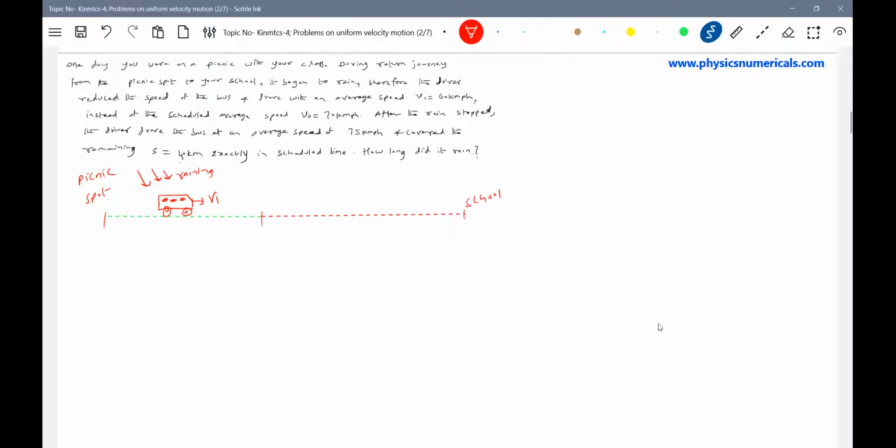With a V1 instead of scheduled average, he will cover a distance, say X1, for a duration of time T1 during which the rain occurs. Then again, no rain.